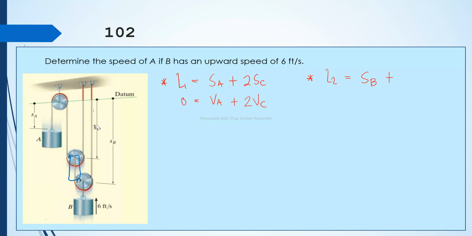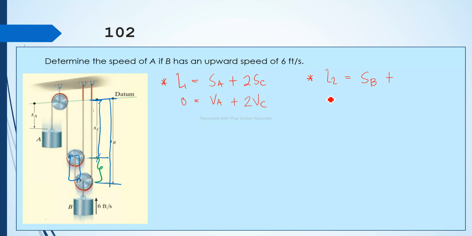So, is that clear? We have here the length SB, and then if we subtract the length SC, then we'll be able to determine this length.